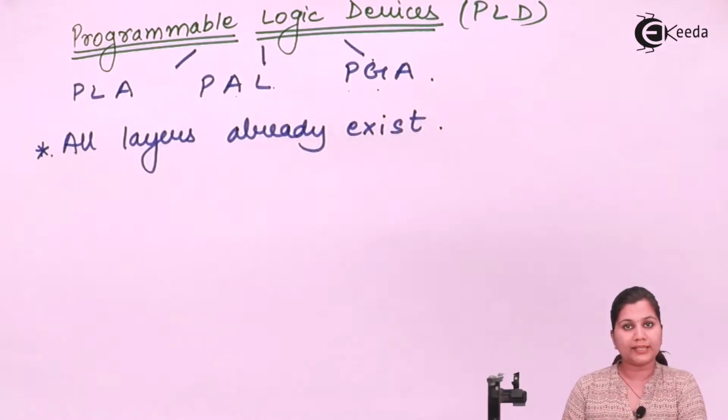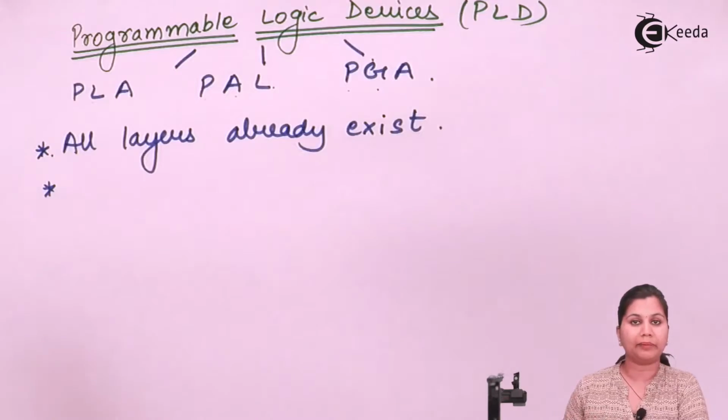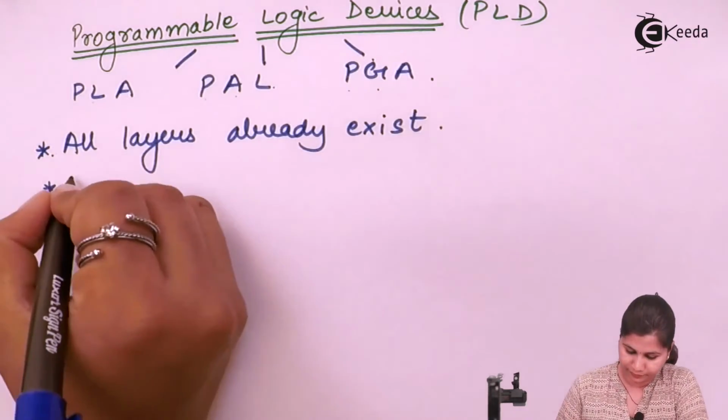All the layers are already present in the IC. The designer just has to purchase that IC and make the appropriate connections with the help of wires.